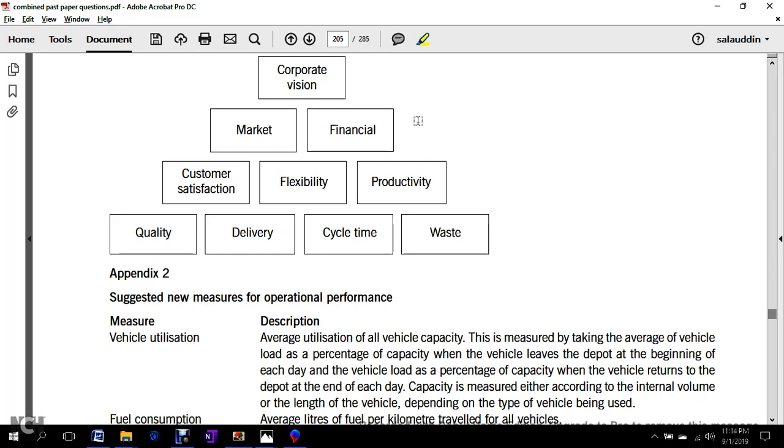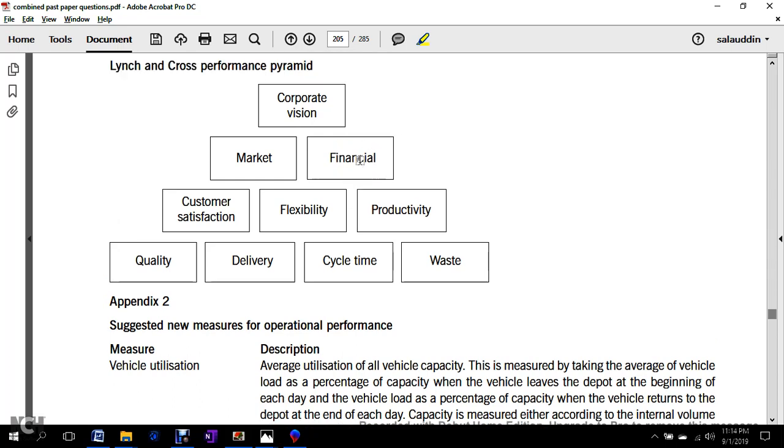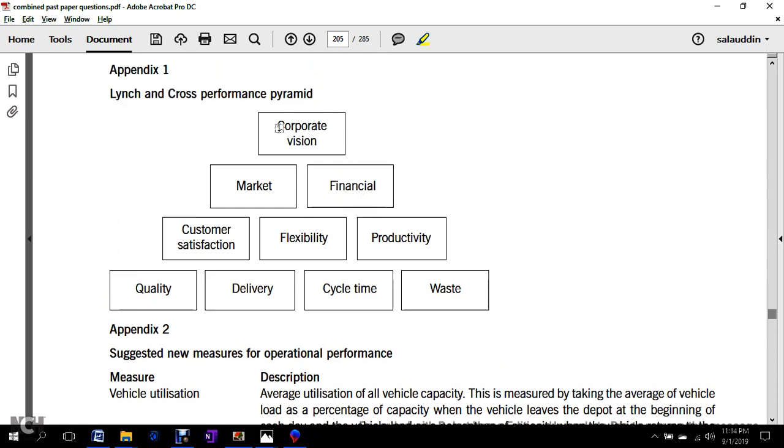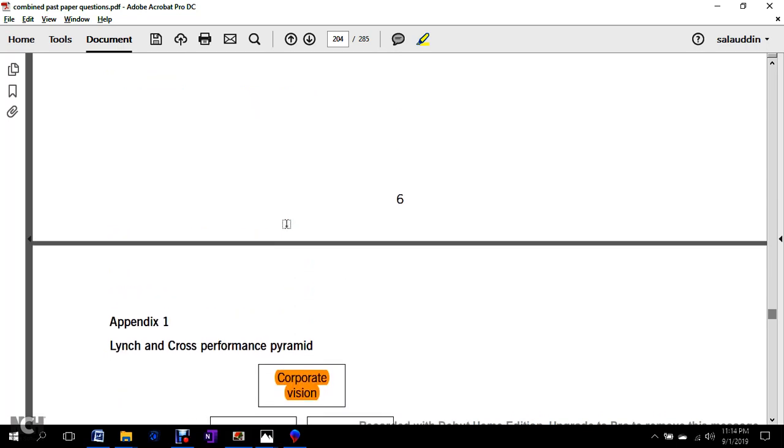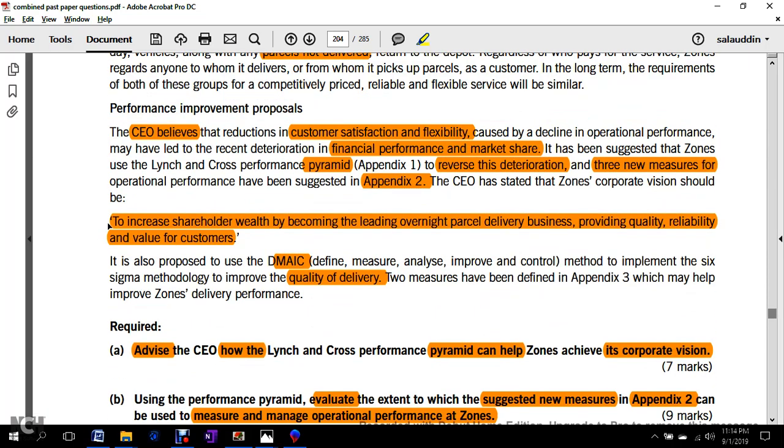Finally, if our market is growing and our financial returns are growing, then we will be able to achieve the corporate vision, which here is increasing the value for shareholders. That is the primary objective, which is supported by the other secondary aims of providing quality, reliability and value for customers.